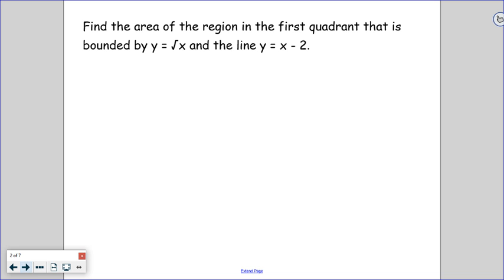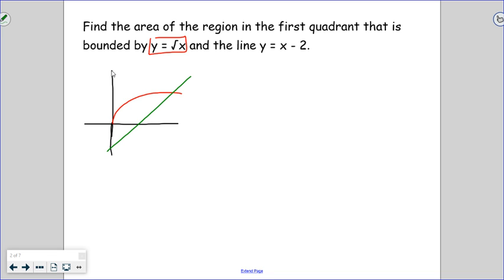So if we consider what that graph would look like, first of all, we've got two functions going on. y equals the square root of x looks something like that. We've got the line y equals x minus 2, which would look something like that.